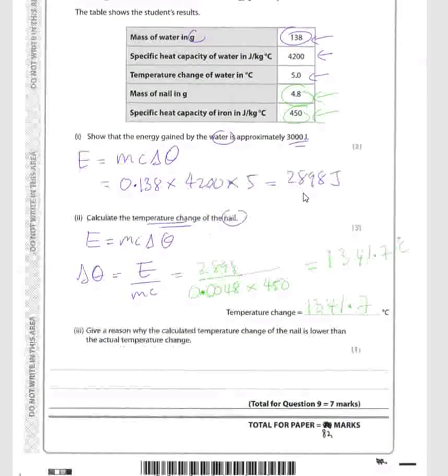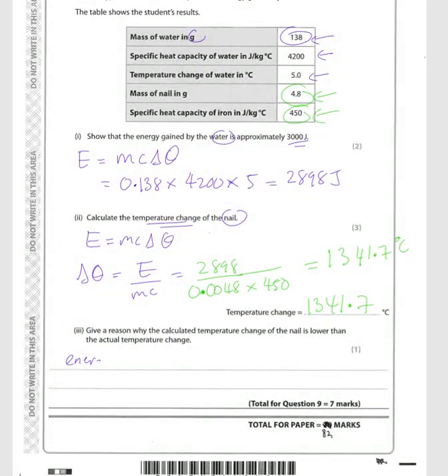So we're going to say we have energy lost to the surroundings. Let me just write this properly so you can see. Surroundings, and that's your 1 mark.